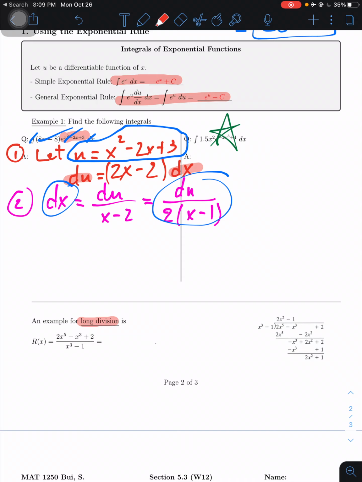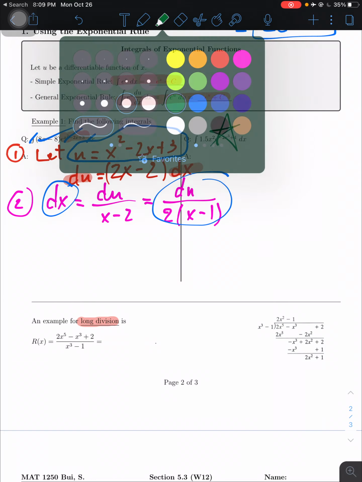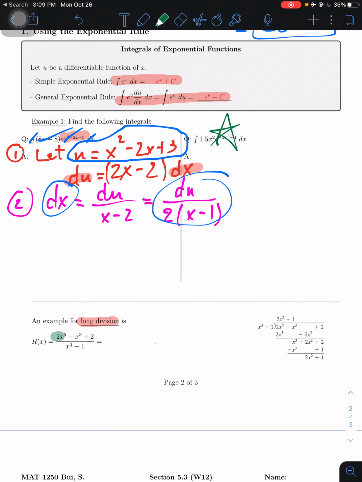Say I give you a fraction where the top power is greater than the power of the bottom. What do I mean by that? The leading term on the top here is 2x^5, because the 5 is the greatest power. You have a 5, a 3, and this one doesn't even have a power, so you can disregard it.